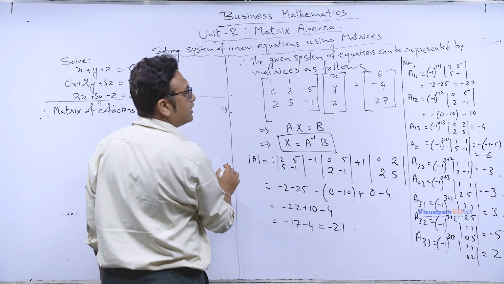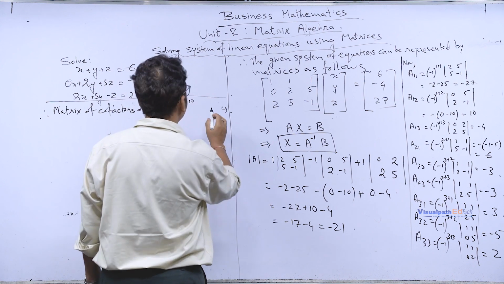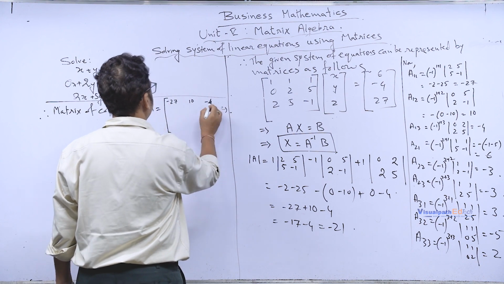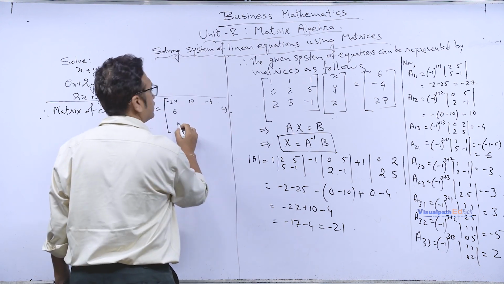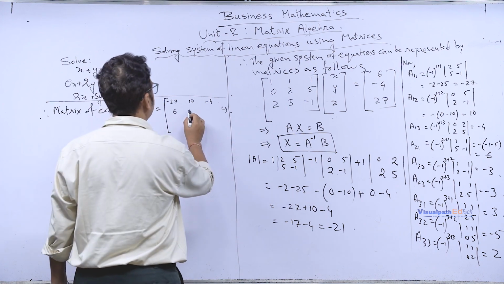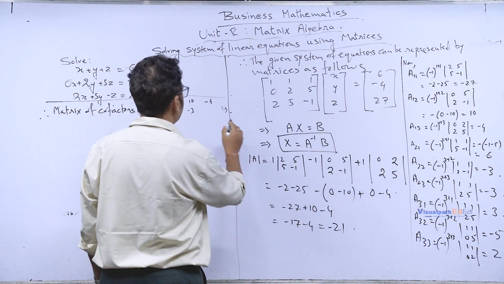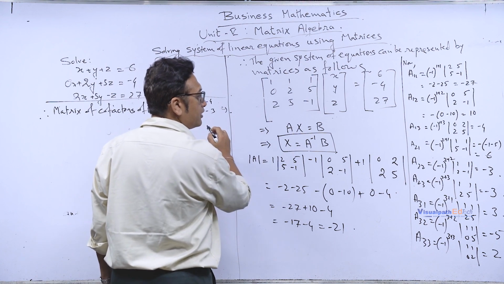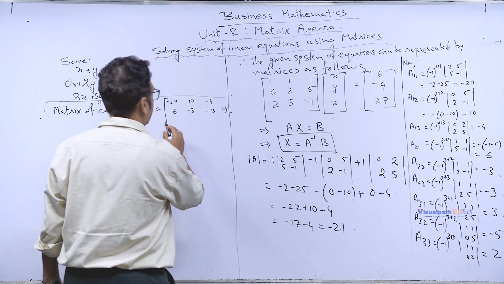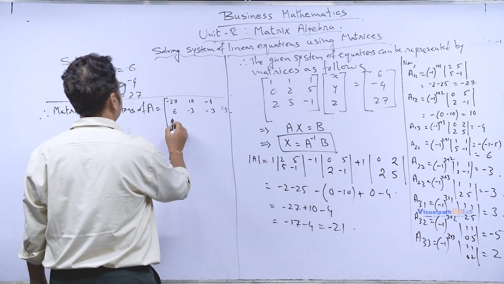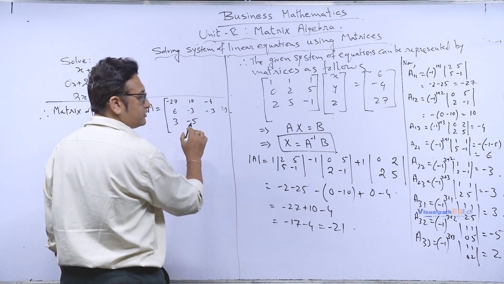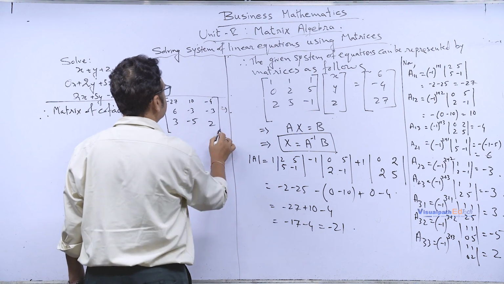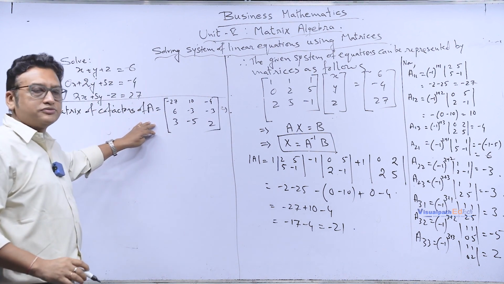After that, A13, which is equal to minus 4. Then A21's value is 6. A22's value is minus 3. A23 is minus 3. Okay. A31 is 3. A32 is minus 5. And A33 is 2. So that is the matrix of cofactors of A.